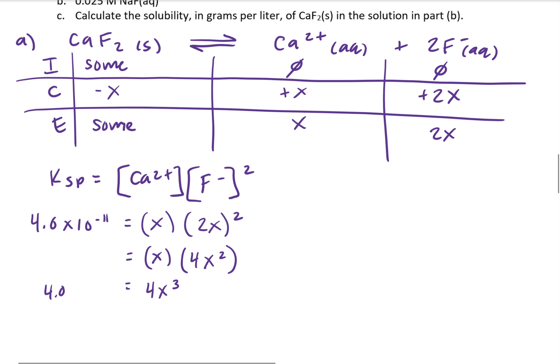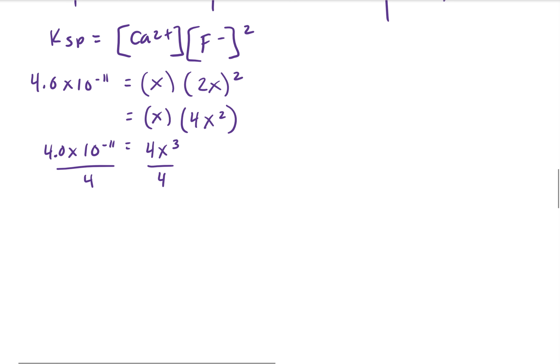Set that equal to 4 times 10 to the negative 11 and solve for X. So divide both sides by 4. You get 1 times 10 to the negative 11 is equal to X cubed. And take the cube root of both sides, and that will give you X. Just as a refresher, to get the cube root button on your calculator, hit Math 4, and that will bring up the cube root option.